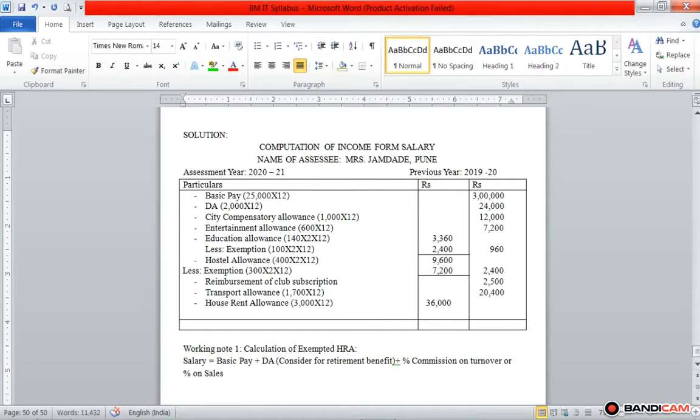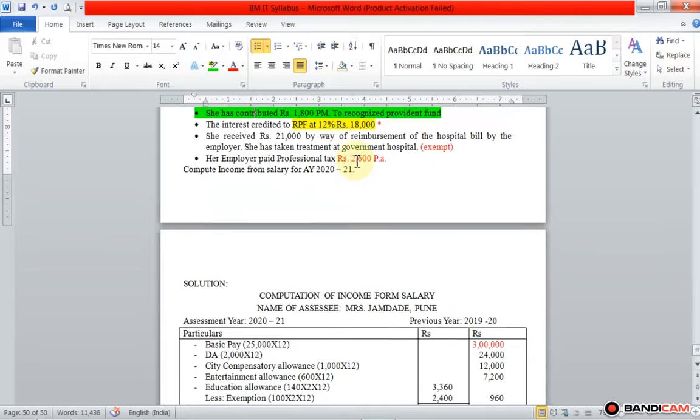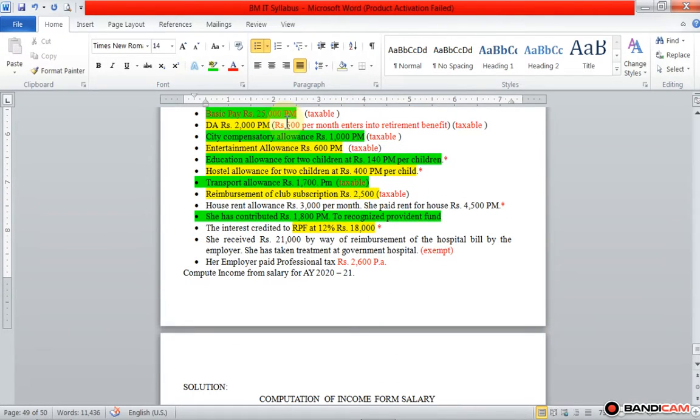So the salary is basic pay amounting to rupees 3 lakh. We already computed the basic salary of rupees 3 lakh, that is 25,000 multiplied by 12, plus DA. Here DA considered for retirement benefit is rupees 500 per month. This point is very important for computation of salary.